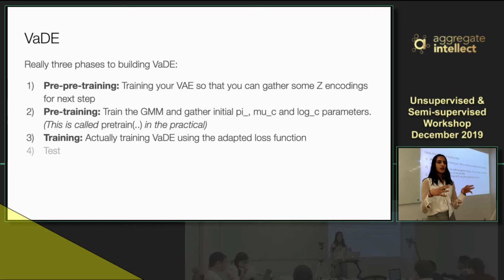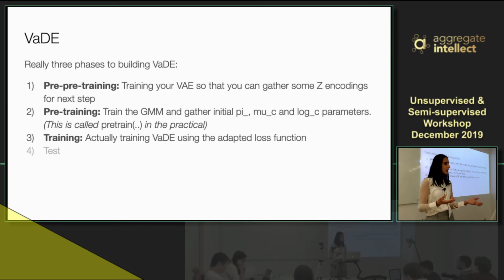And then that gets passed to what I call the pre-training phase, which is training up your Gaussian mixture model, which is the backbone behind the clustering part of VaDE. This function, the pre-training part, is called pre-train in the Colab template that you've already been provided. So you may opt to put the pre-training part inside the pre-train function, or you can load in your models and that will be the pre-training part done and dusted, and you don't need to worry about it. You just load it back in and use it. So those are your 2 options.